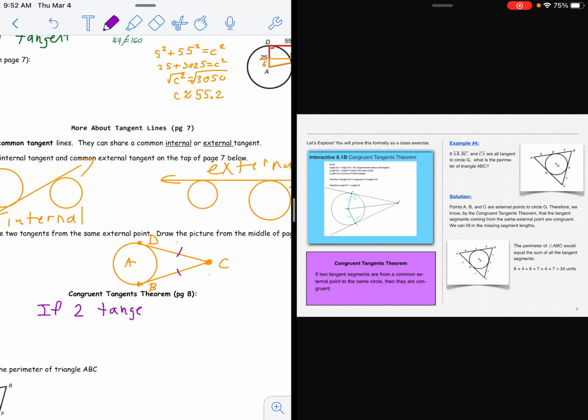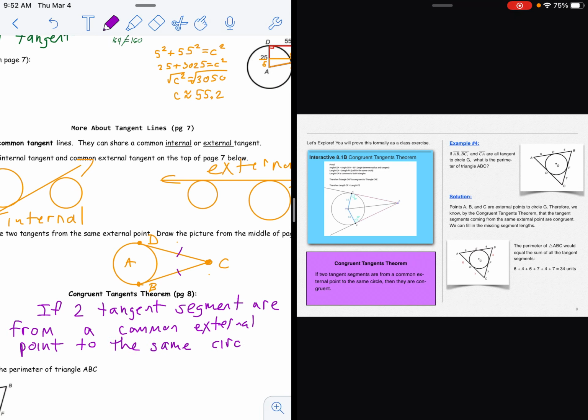If two tangent segments are from a common external point to the same circle, then they are congruent. All right, so that's a big punchline.